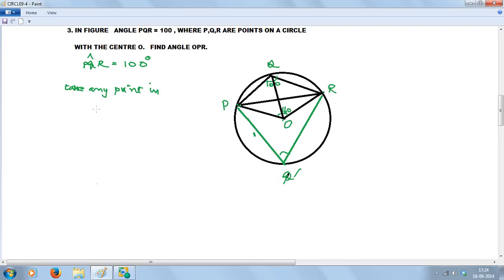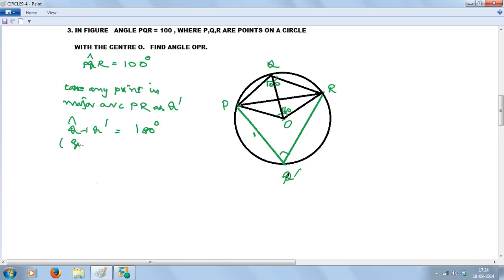Major arc PR as Q dash. So what about now, angle Q plus Q dash equal to 180 degrees.